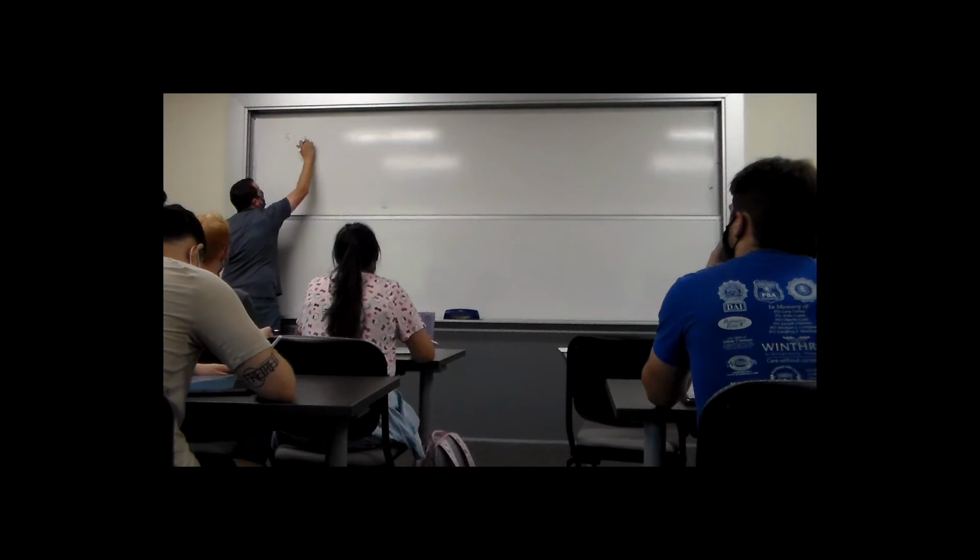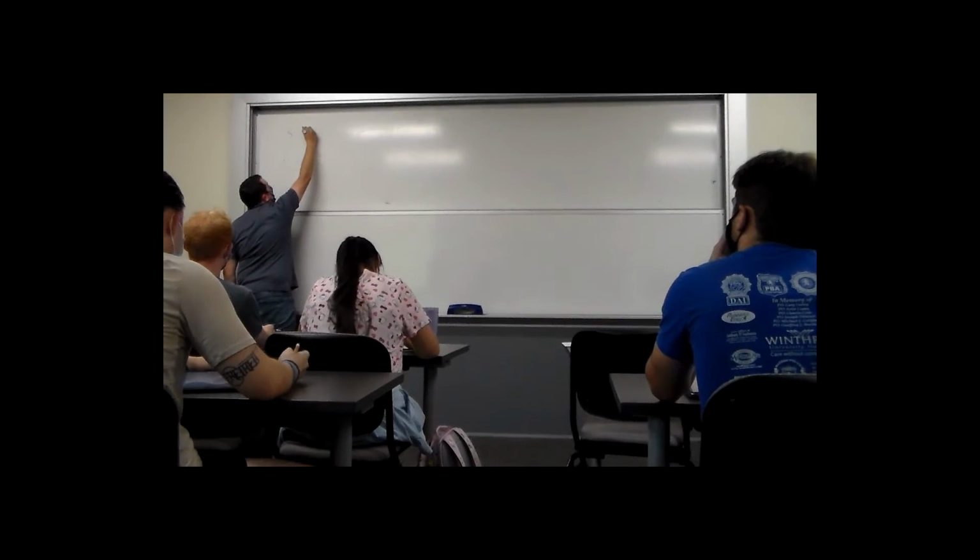S dot was minus beta S I. I dot was beta S I minus alpha I, and R dot is alpha I. Is this visible? Is it visible on camera? Yeah. Okay, good. So this is the model.